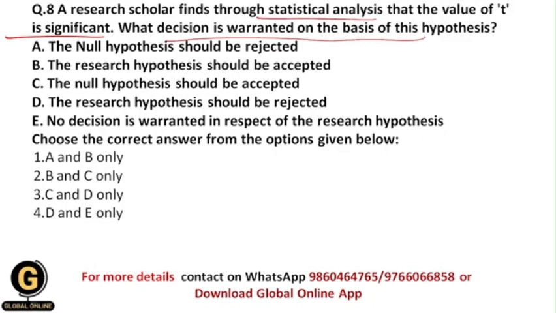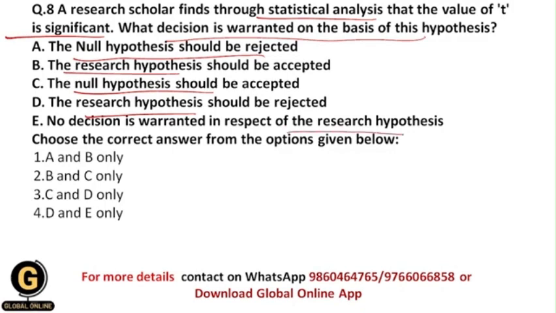So based on this value of t which is significant, what decision will he take about the hypothesis? Whether he will reject the null hypothesis, or accept the research hypothesis, or accept the null hypothesis, or reject the research hypothesis, or whether no decision is warranted in respect to the research hypothesis.